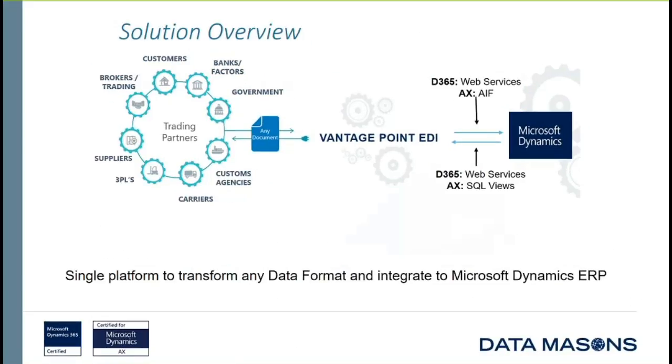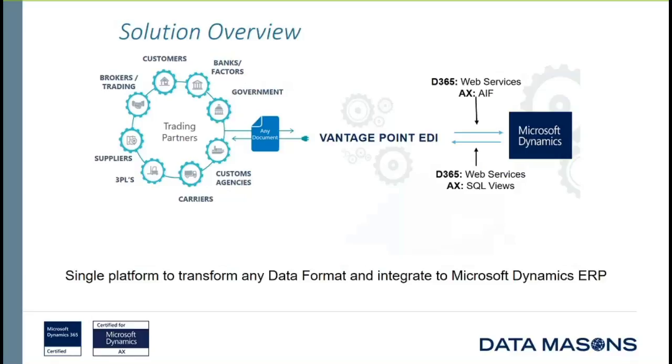Today I want to talk about our EDI solution, which is Vantage Point EDI for Dynamics 365 or AX. So this is a little solution overview here. If you follow on the left-hand side of the screen, you will see your supply chain. So everybody that you deal with from a business perspective, customers, partners, suppliers, third-party logistics providers, carriers, all these types of people are in your supply chain.